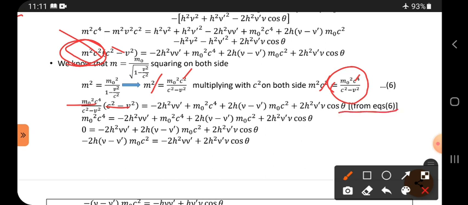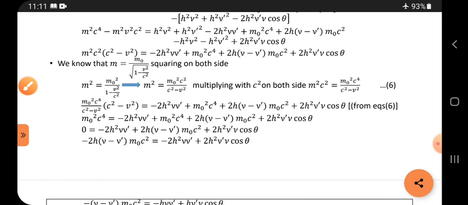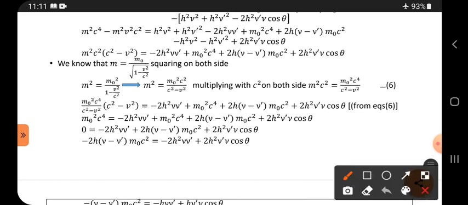Now what happens, this c square minus c square and c square minus v square get cancelled. Now what you get, this only, and this side as it is. And the next step, this m naught square c power 4 and m naught square c power 4, these two get cancelled again.